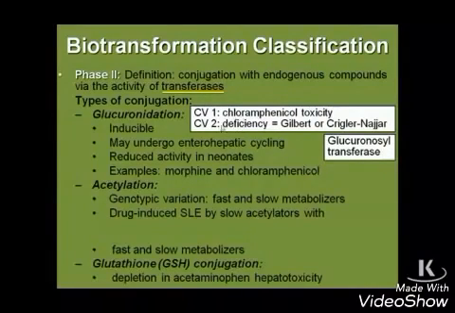A second example would be a deficiency in this enzyme. A deficiency in glucuronosyl transferase could show up, for example, in Gilbert syndrome or also in Crigler-Najjar. Now, of course, Gilbert syndrome is more of a benign condition. You've got really an increase in circulating bilirubin, about 60 to 70% of normal, of an increase.